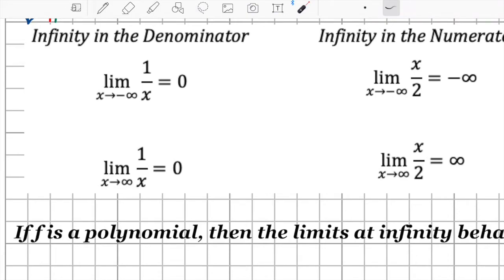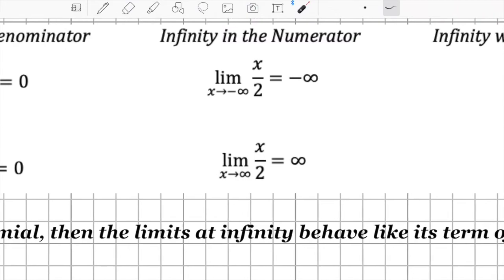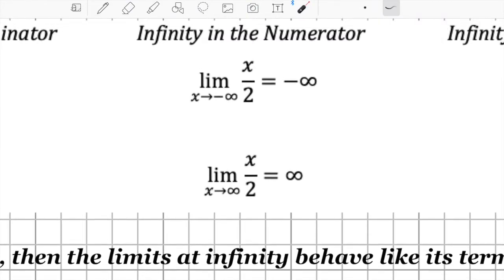But imagine negative 10 million, negative 100 million, and so on. Anyway, anytime your denominator goes to one of the infinities, whether it's negative infinity or positive infinity, the limit itself is 0.